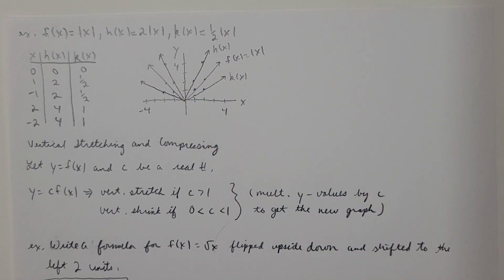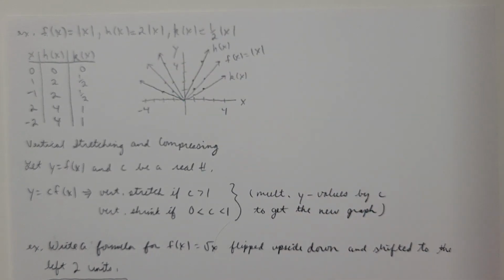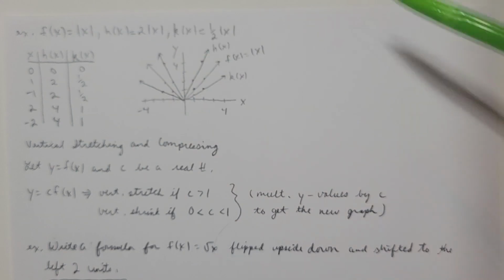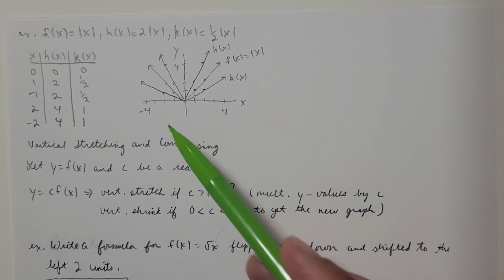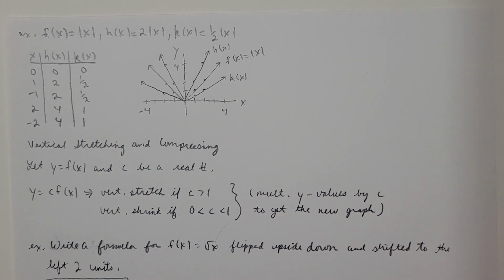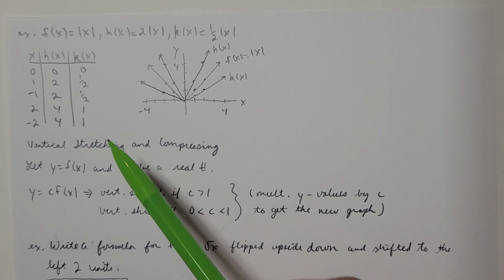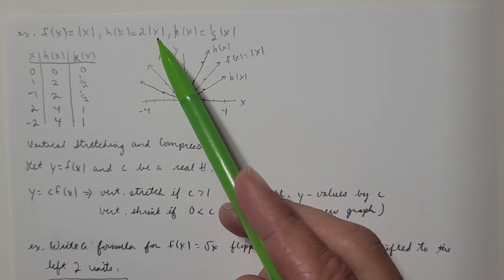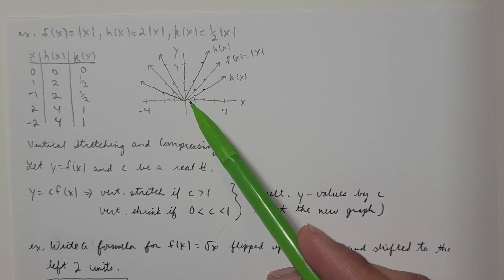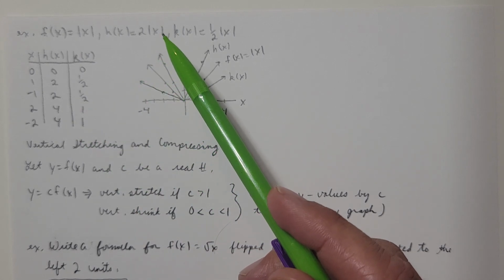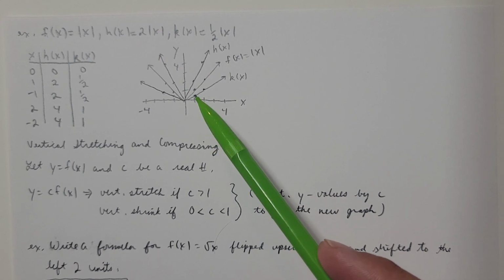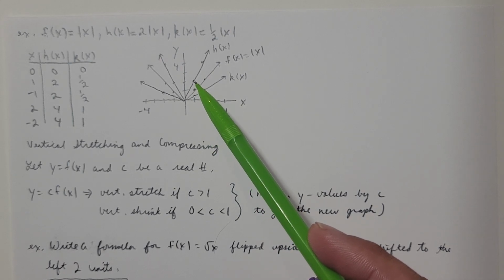Now, let's go ahead and draw the graph of h of x. So, I'll just use these same 5 numbers that I used to graph f of x, to graph h of x and k of x. Okay, so like if x is 0, 2 times 0 is 0, so there's 0, 0 on the graph. If x is 1, the absolute value of 1 is 1, 2 times 1 is 2. So 1, 2, that point is on the graph.